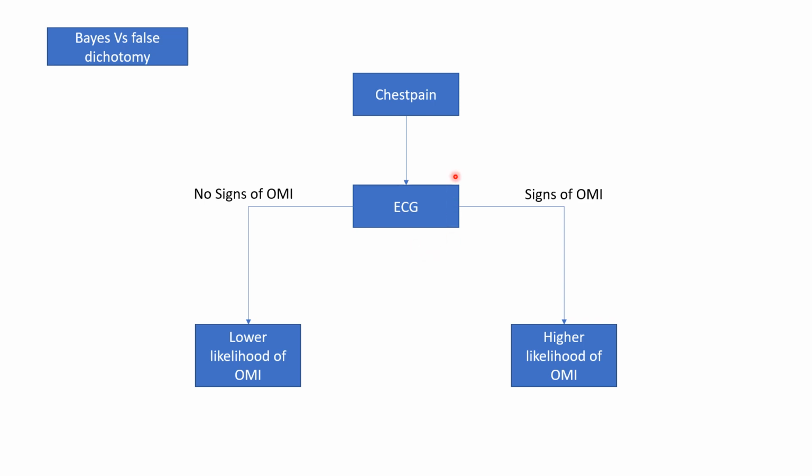If we want to use this kind of setup, we should talk in terms of likelihood ratios. So if there's an ECG and there are no signs of OMI, then it's a lower likelihood of an OMI. That doesn't mean that the patient with the constant chest pain doesn't have an OMI, right? Our ECG is not a diagnostic machine. It's a tool that we use. We are the diagnostic machine that has to interpret all of the things.